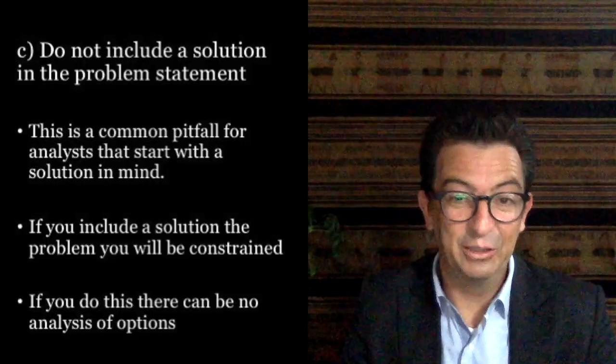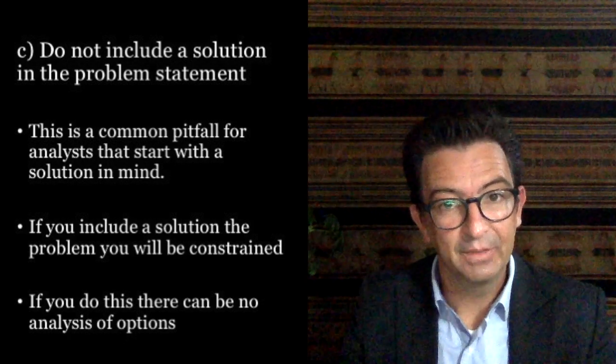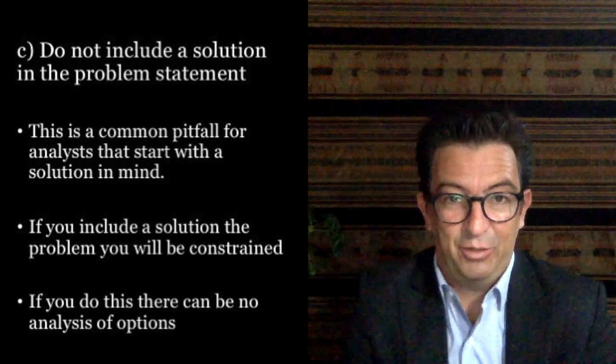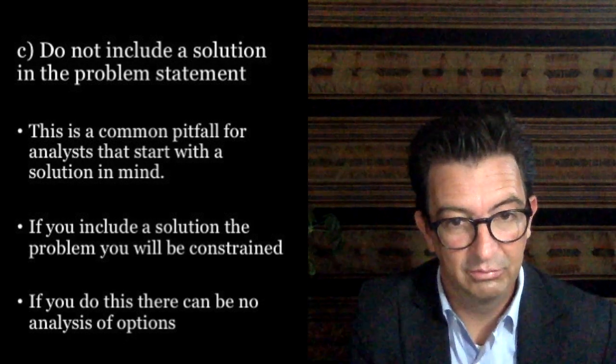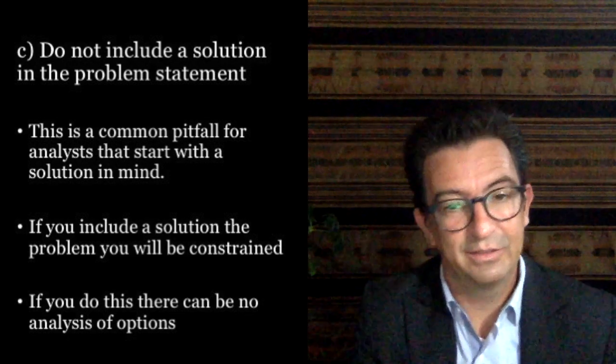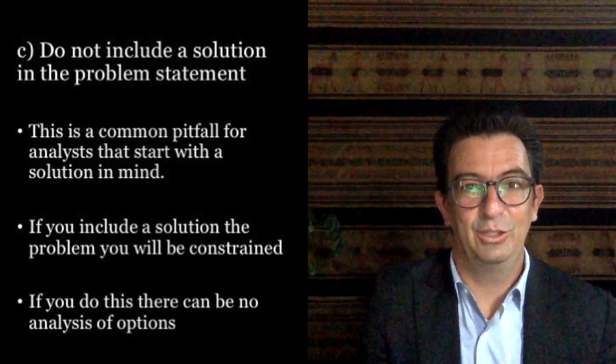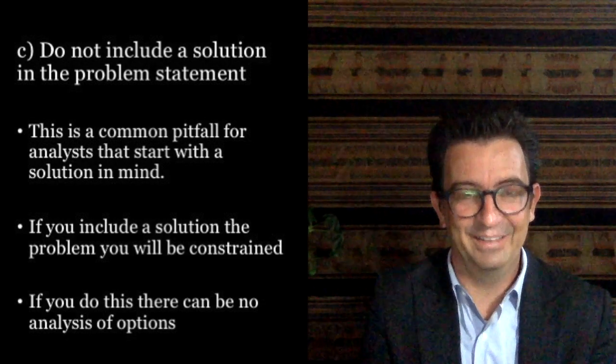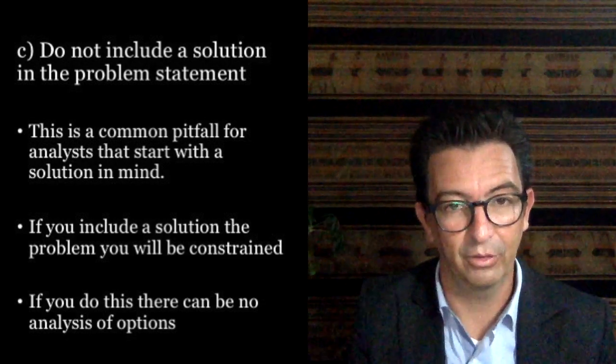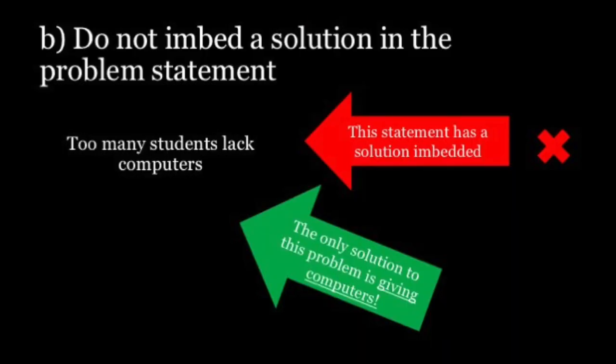Too many times we go into a program and we already know what the solution is, and we tend to think of the problem as the lack of that solution, right? And if we include a solution in the problem, then we are constrained because that problem only has one solution. And if you do this, there are no options. You are closed. You cannot do any more analysis in that program or for that problem.